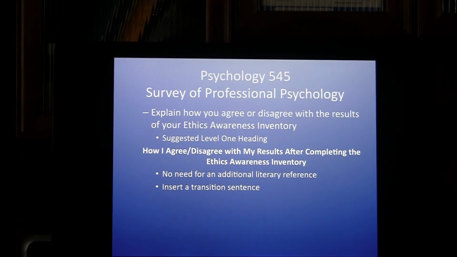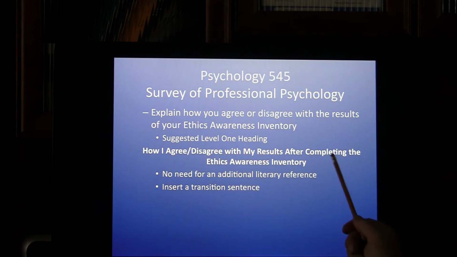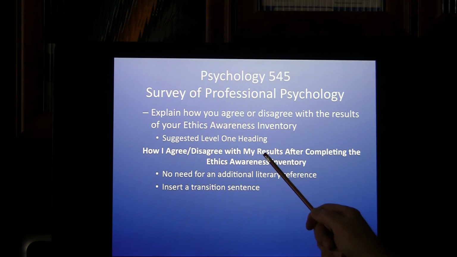The next main point, the next objective, reads, explain how you agree or disagree with the results of your Ethics Awareness Inventory. Here again is a suggested level 1 heading. How I Agree or Disagree With My Results After Completing the Ethics Awareness Inventory. Bold, mixture of capitalized and lowercase letters, no period, centered on the page.